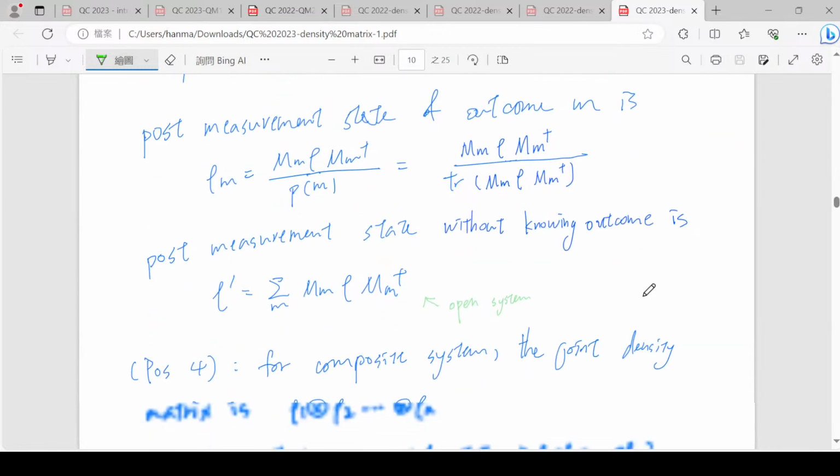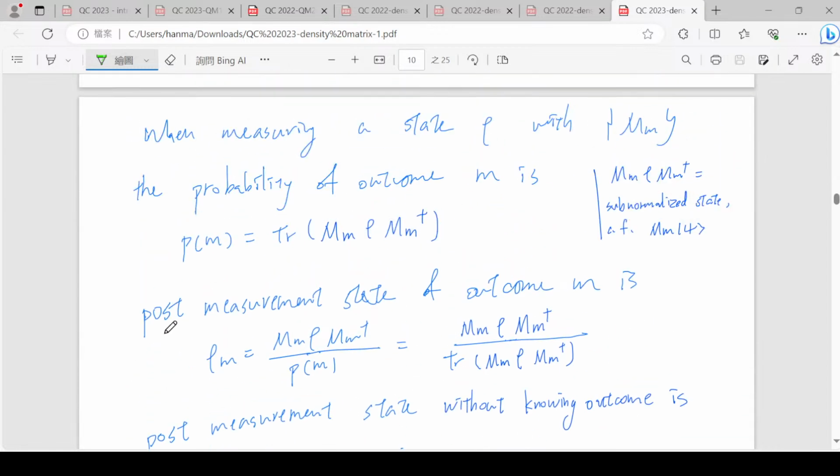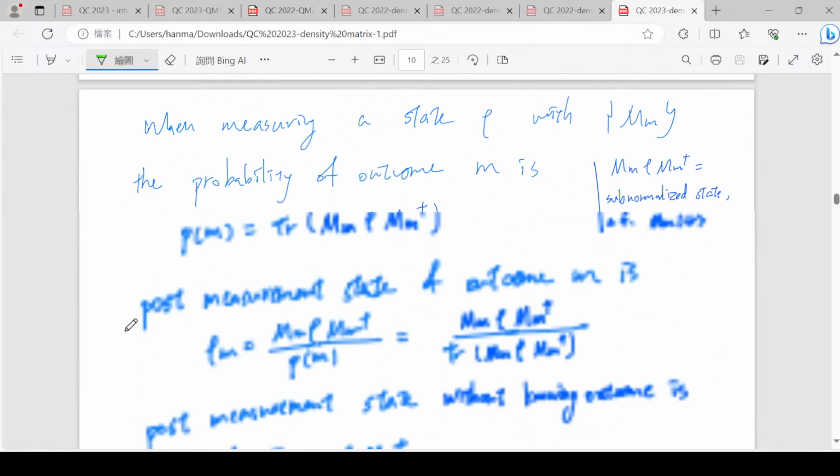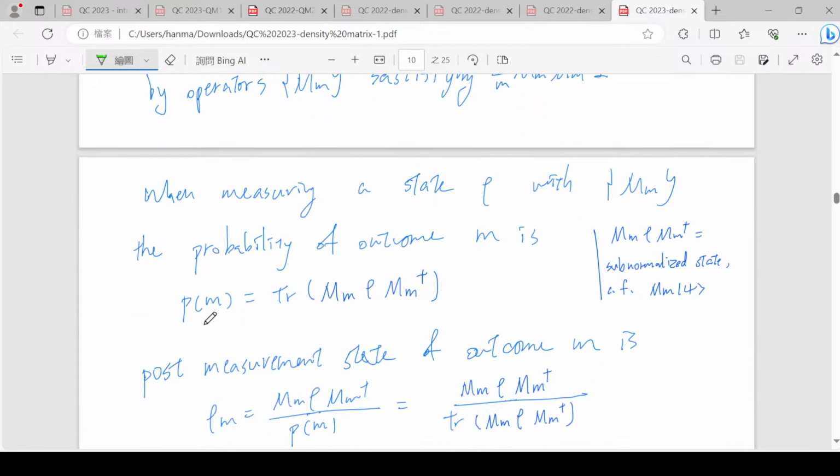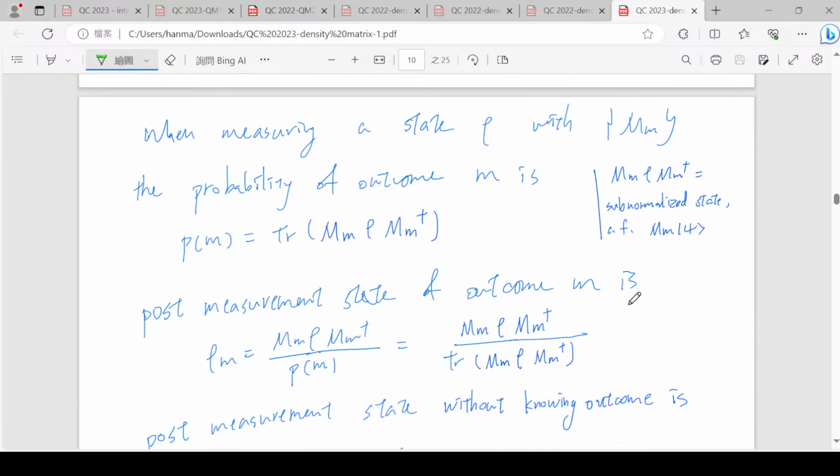As we said before, you can think of the subnormalized state as M rho M dagger. We skip a lot of things we said before, but once again, you will get one and only one of the outcomes. The outcome m will happen with probability P of m, and the state will collapse into the post-measurement state rho m.